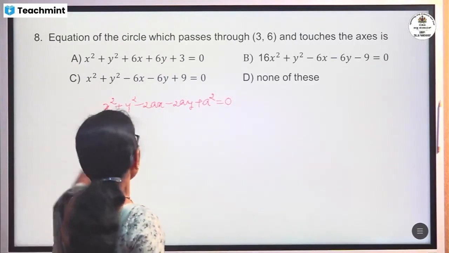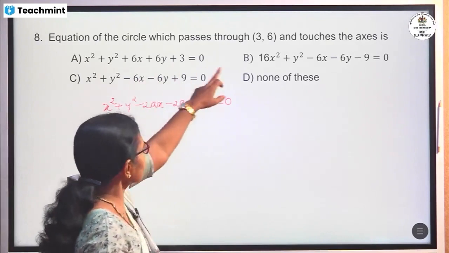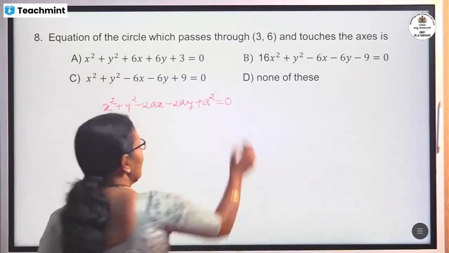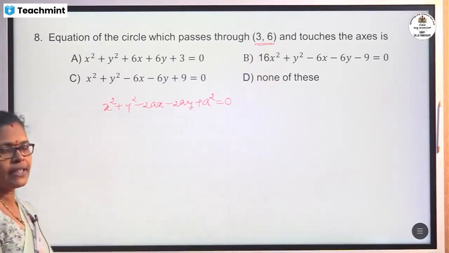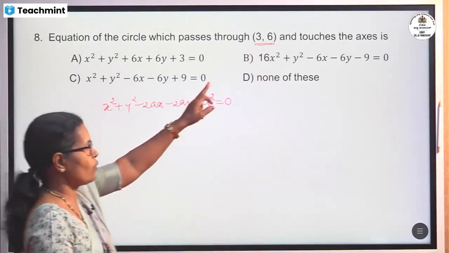Now, the circle passes through the point 3, 6, which means x is equal to 3, y is equal to 6.